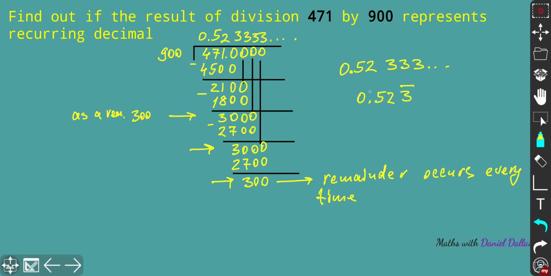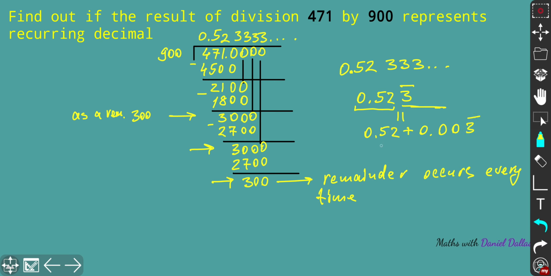In this case, you'll have recurrent decimals, but it's a mixed recurrent decimal, because it's a mixture of normal fraction and recurrent decimal. It's a mixture because you can write your answer as 0.52 plus 0.00 and 3 recurrent.